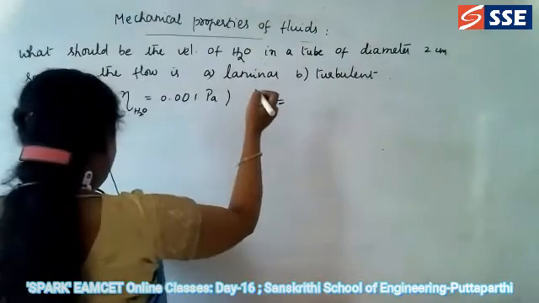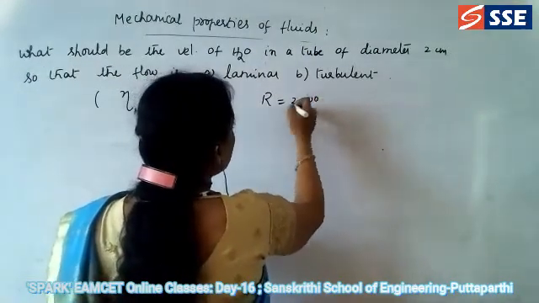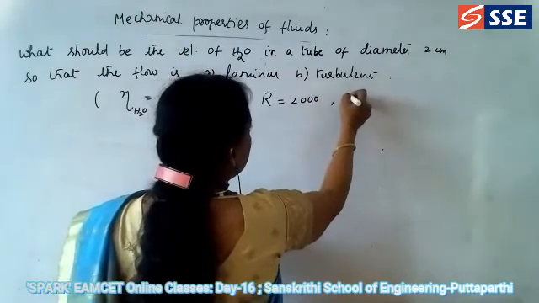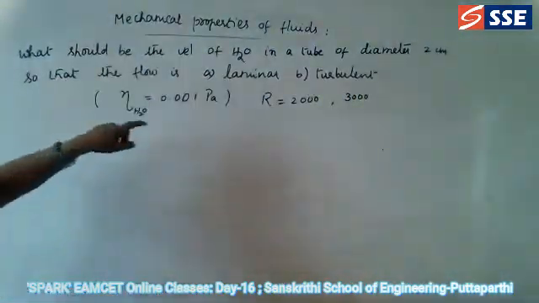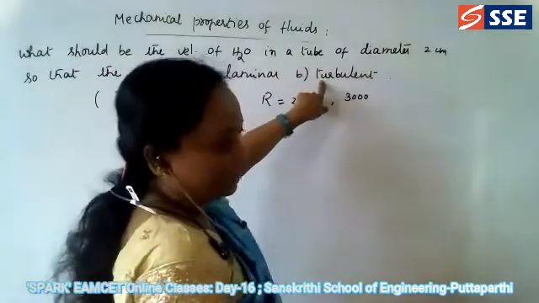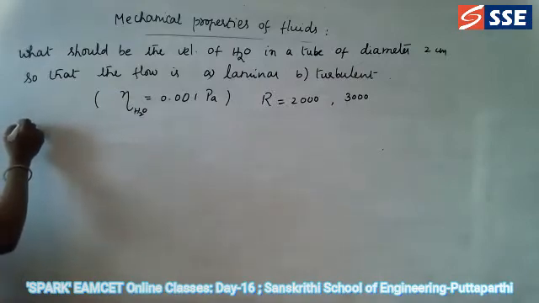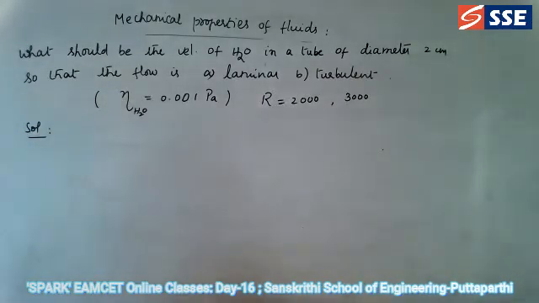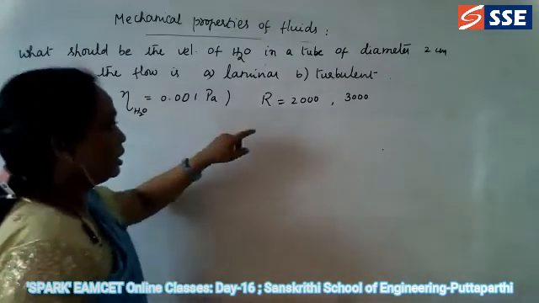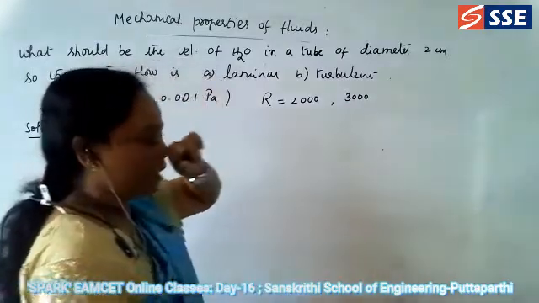Reynolds number R is equal to 2000, and the next case is 3000. So two cases here. One is for laminar and the other for turbulent. So first we will calculate the velocity in case of the laminar case. In the first case the Reynolds number is taken as 2000, and in the next case 3000.